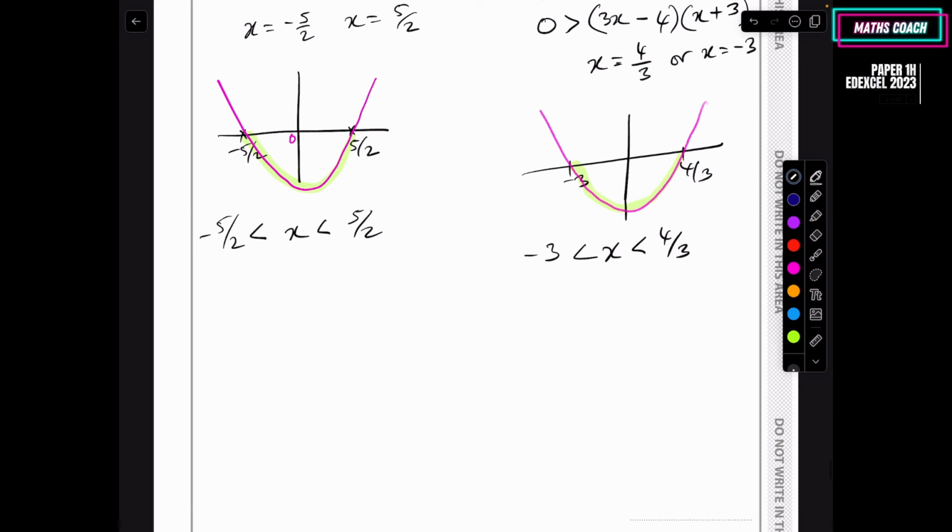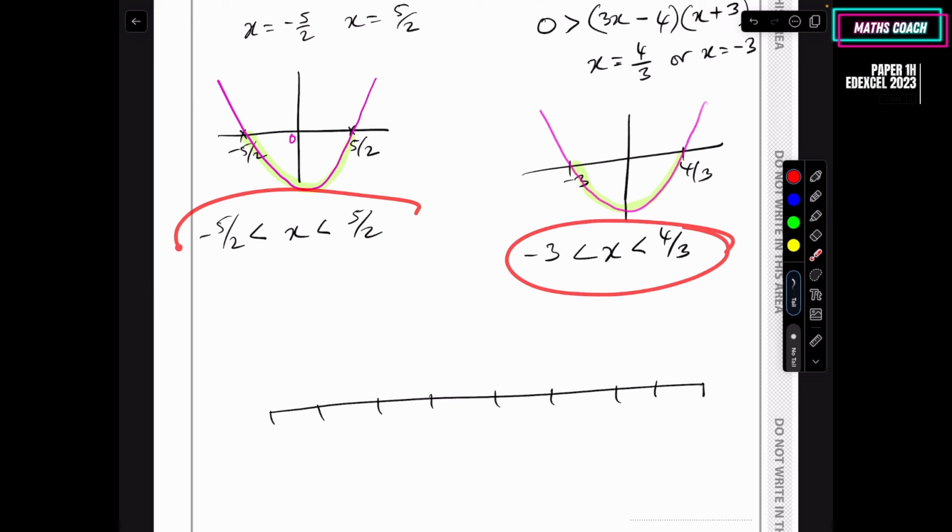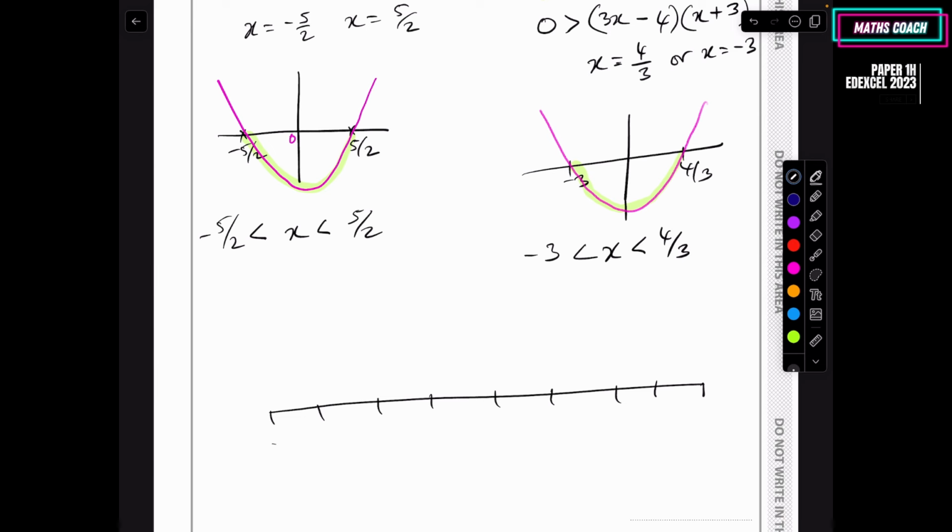Now we need to put both of these on a number line. So if I sketch a quick number line and add some values, the values have to incorporate these, obviously. Let's do minus 3, minus 2, minus 1, 0, 1, 2, 3, 4, and 5. Let's sketch this one first. That's 2.5 and minus 2.5. Minus 2.5 is there, positive 2.5 is there.